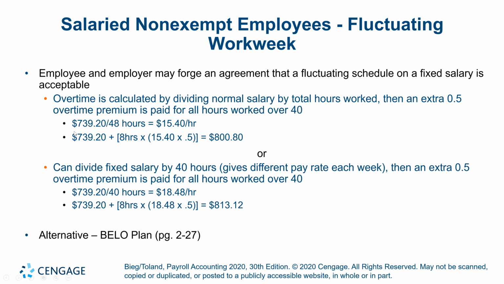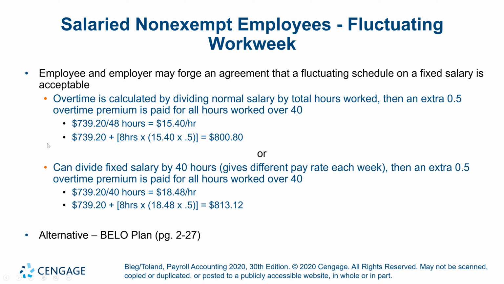So again, they earned $739.20 divided by 48 hours. That gives us our per hour rate. And then we're taking that $739.20 plus the 8 hours overtime, time and a half, to arrive at that $800.80, right?